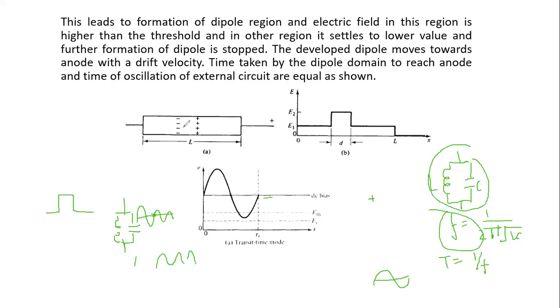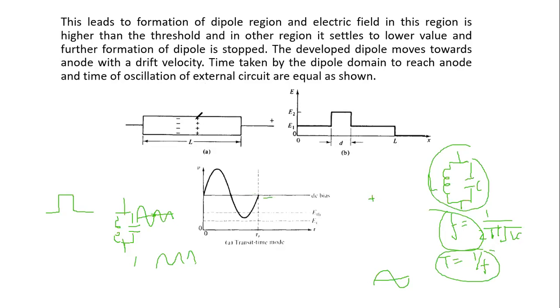So there will be a continuous supply of this bunch of electrons, and that bunch is going to take a certain time to move from left to right, and that time is nothing but the transit time, and that time is exactly equal to the period of oscillation, okay. So this mode is also called GUNN mode, because this behavior was first noticed by GUNN, okay.